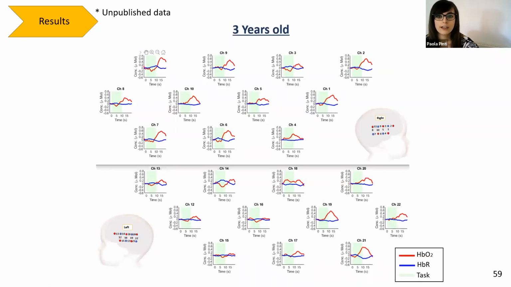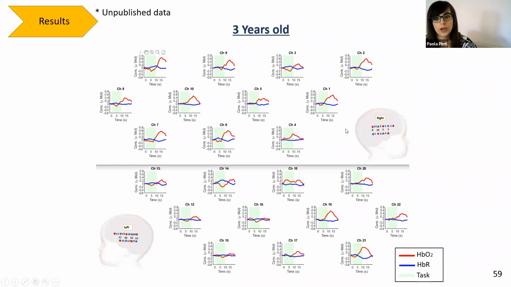However, in general, we recorded very good quality fNIRS data overall. Here I'm presenting the block averaged hemodynamic response across each age group. These are group level results, where red is oxyhemoglobin, blue is deoxyhemoglobin, and in gray you see our task block.